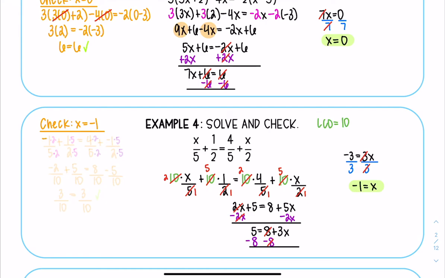We have negative 1/5 plus 1/2 equals 4/5 plus negative 1/2.